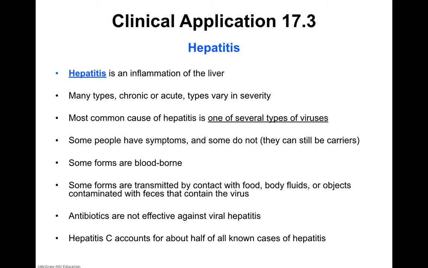Some forms are transmitted by contact with food, body fluids, or objects that have been contaminated. Antibiotics are generally not effective against viral hepatitis because antibiotics don't work against viruses. Hepatitis C is about half of all the known cases of hepatitis.